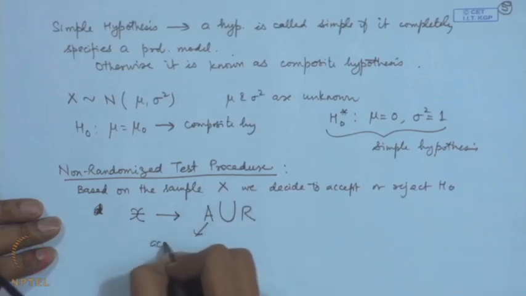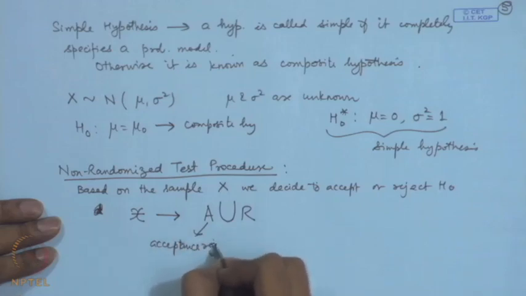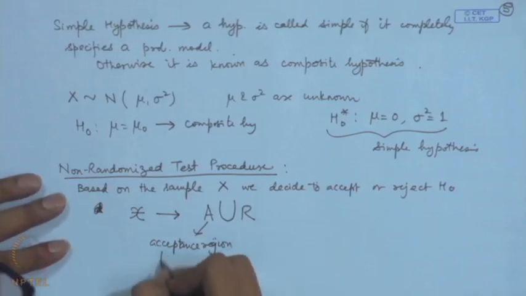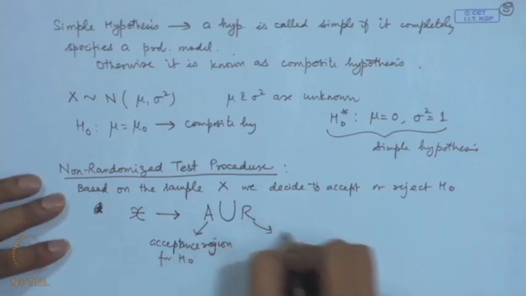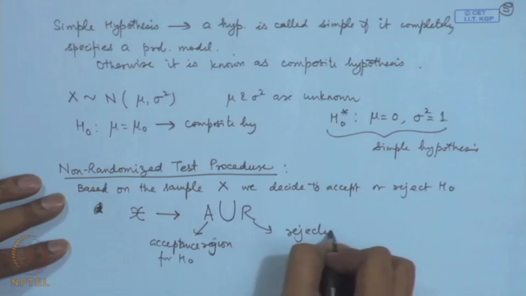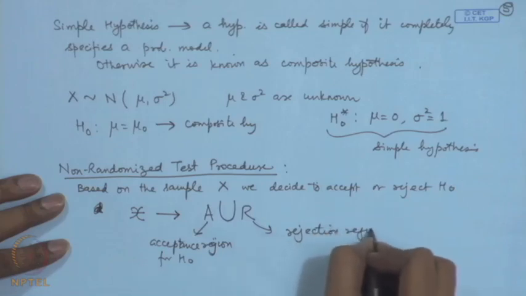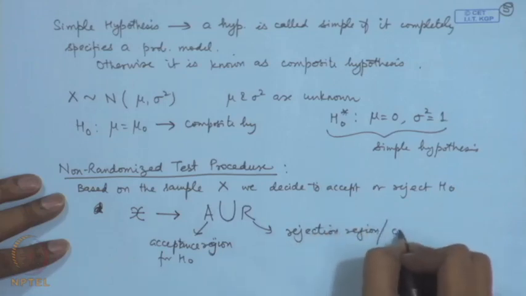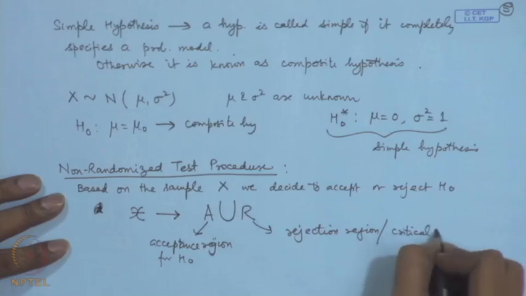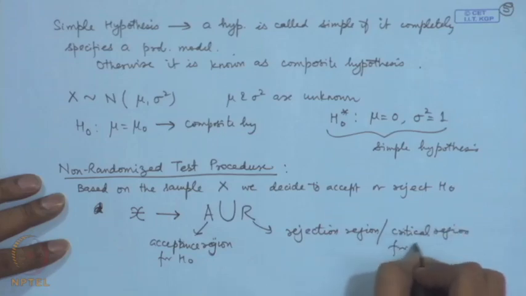This is the acceptance region, I am talking in respect of the hypothesis h naught, acceptance region for h naught, and this is called the rejection region. In statistical terminology, this is also called the critical region for h naught.